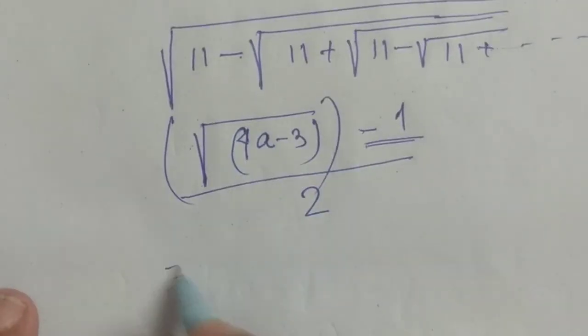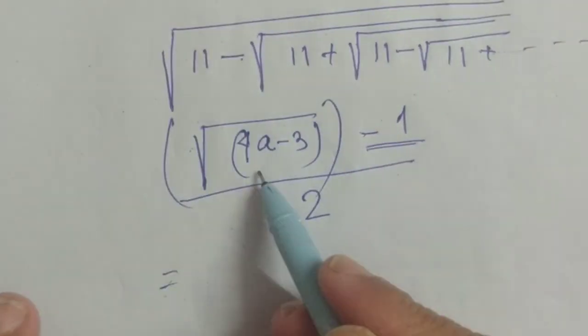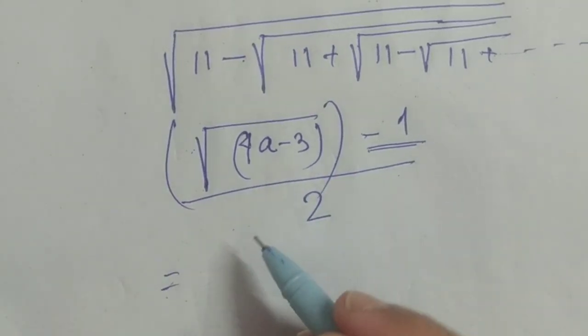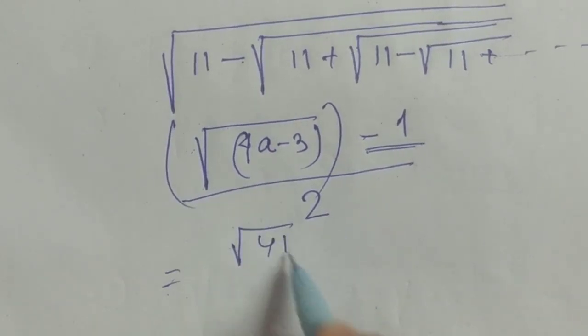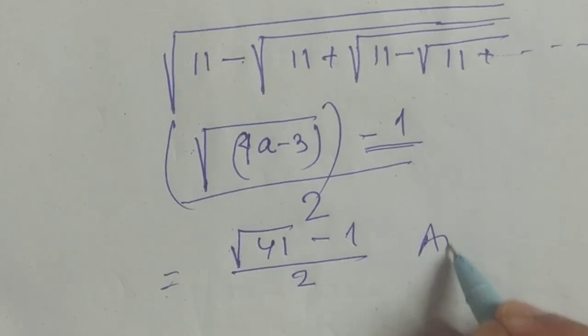Now a is 11, so 4 into 11, 44, minus 3, root over 41. Root over 41 minus 1 divided by 2 is the answer.